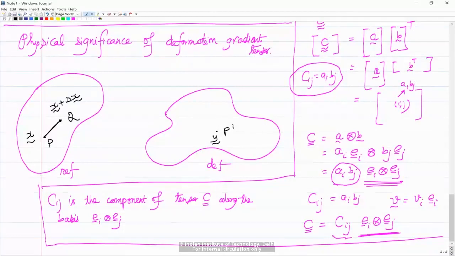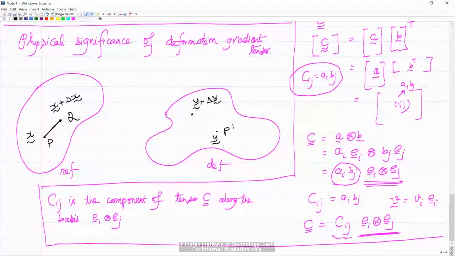So where will this Q go in the deformed configuration? So in the deformed configuration, it may have come here. And we can say it has come to Y plus delta Y. All right.